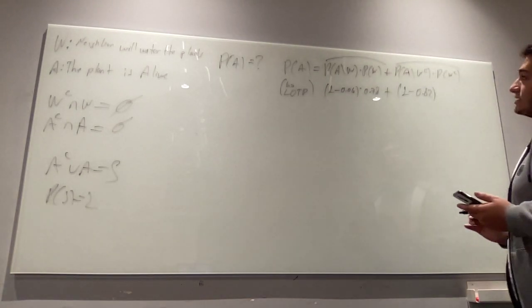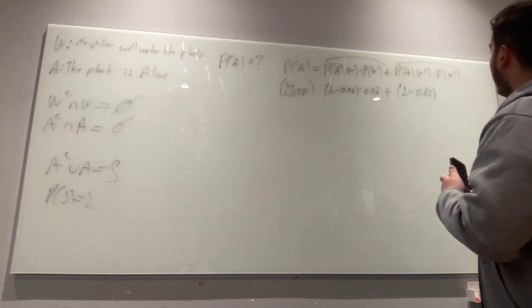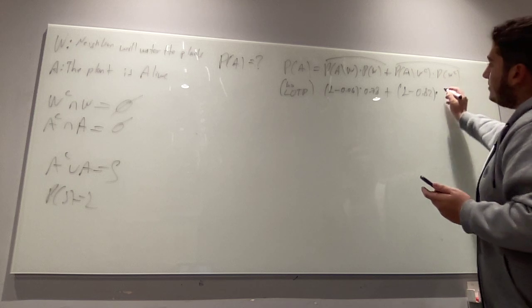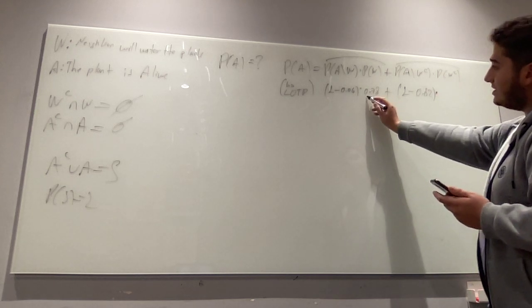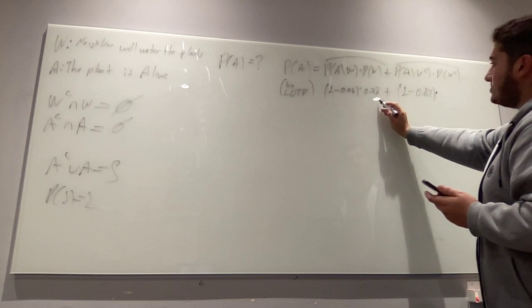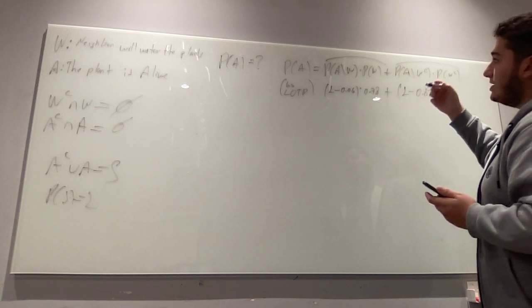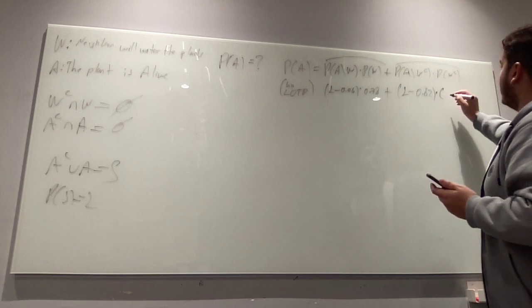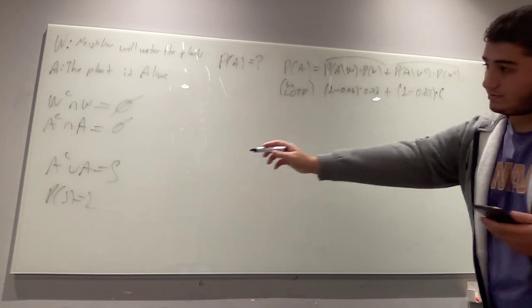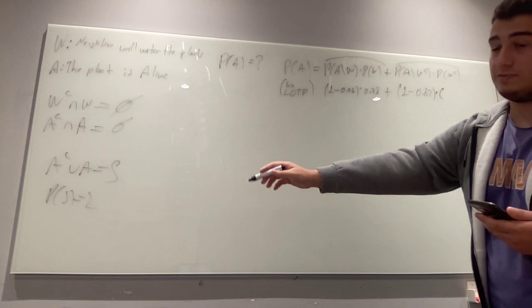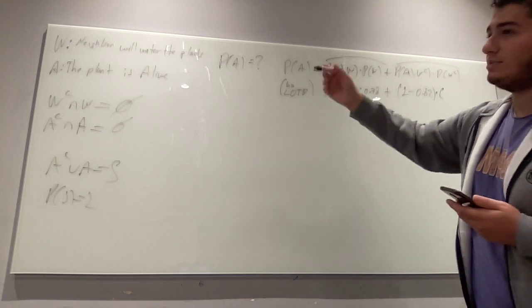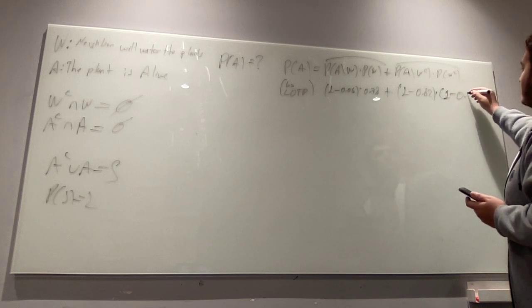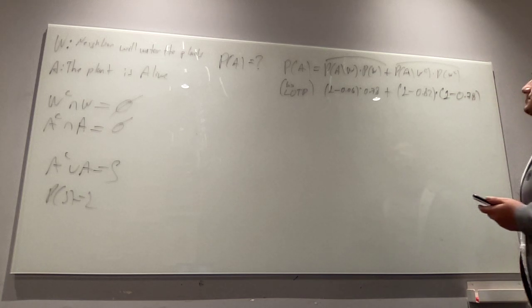I also want to mention that I'm sure that 78% the neighbor waters the plants, and probability W complement, because of constituting a partition, is 1 minus 0.78.